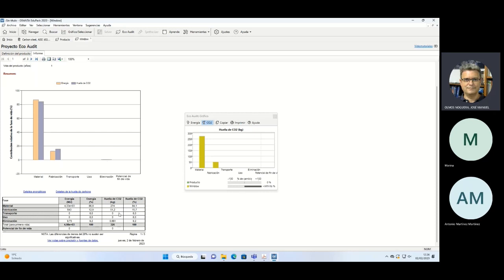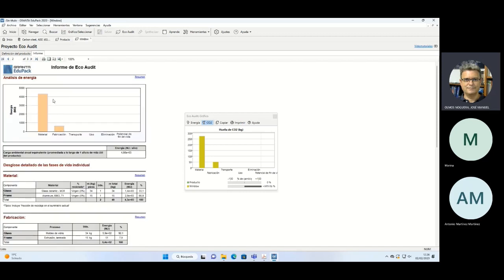Here you have the data, with the energy, the CO2 or the carbon footprint in megajoules, in kilograms, and also the percentage. And you have a little bit more information if you go to the next page of the report with each part of the product that you have included. Okay.